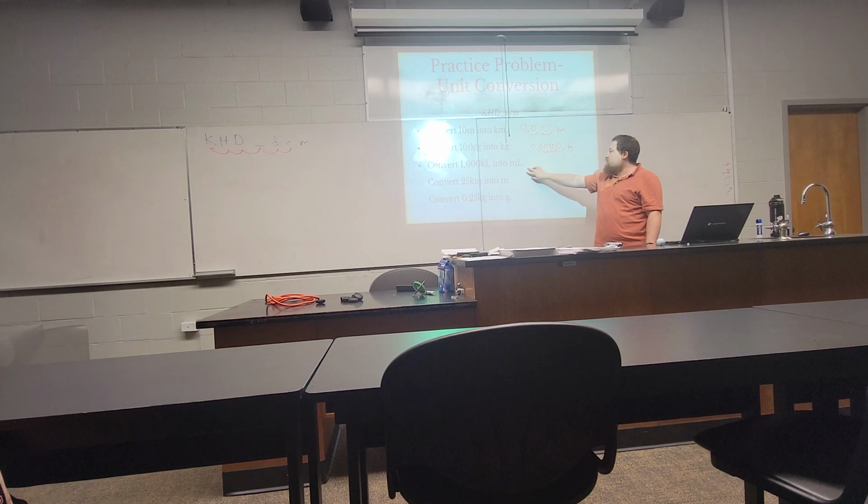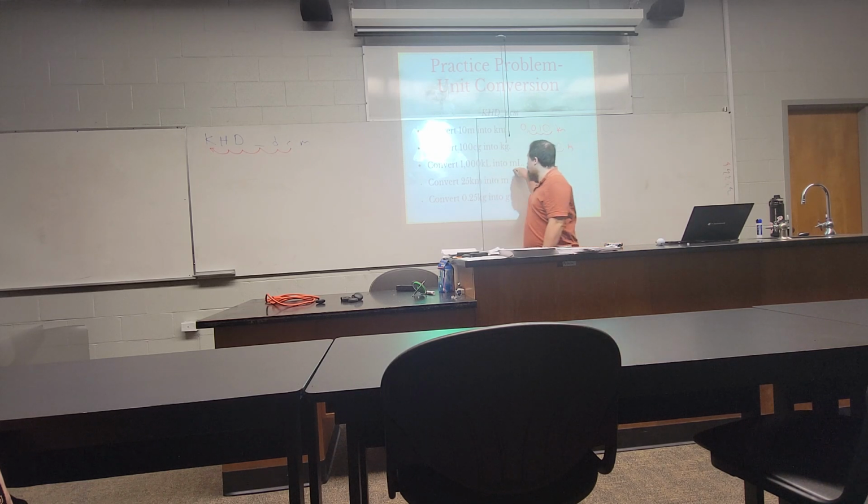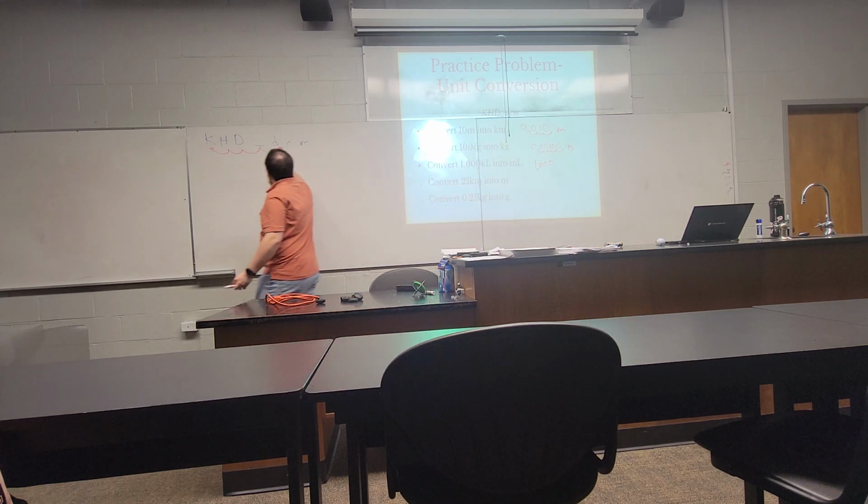How about kiloliters to milliliters? We're at 1,000 kiloliters. How many milliliters is that? Million. I think it's actually 1 billion. This one's interesting because it's going in the opposite direction. We're starting with a big unit and going to a smaller one.